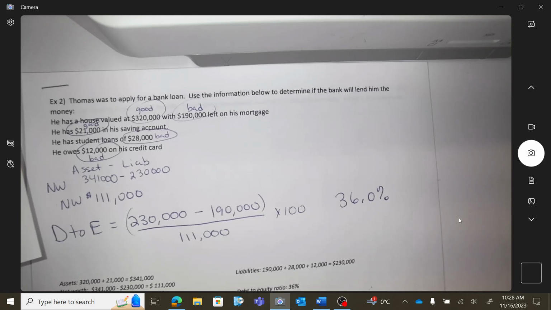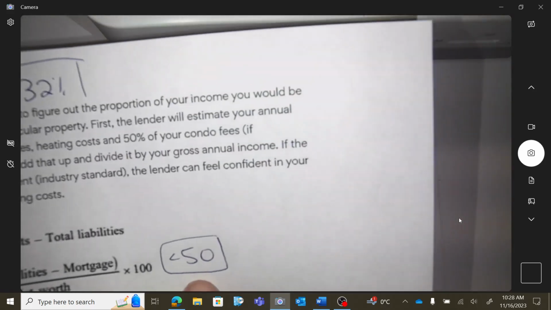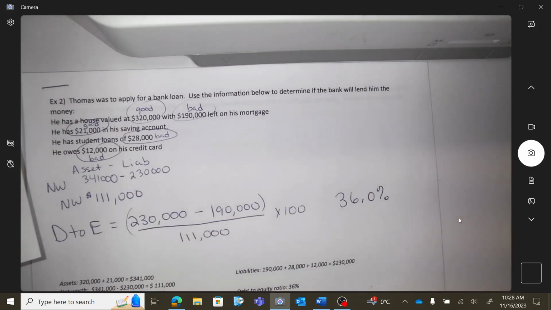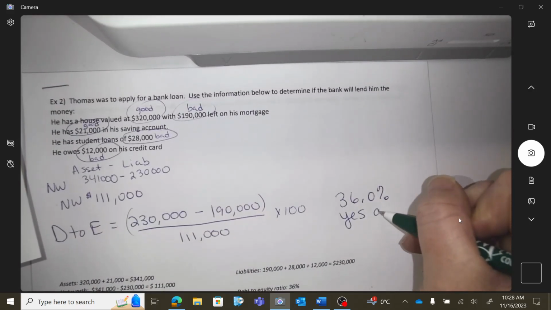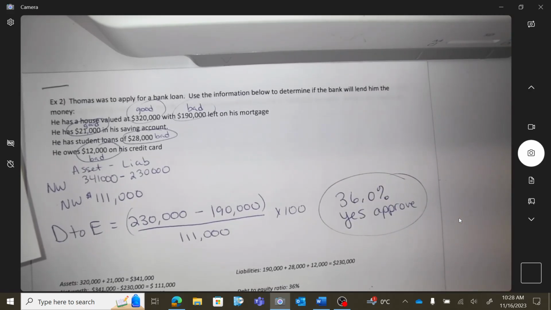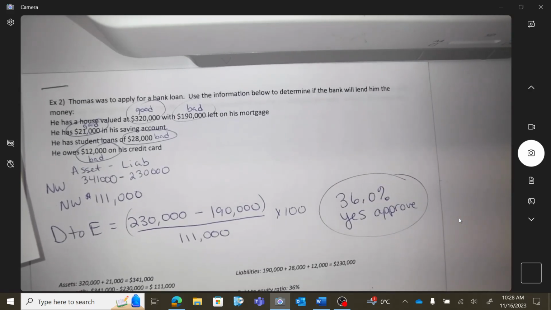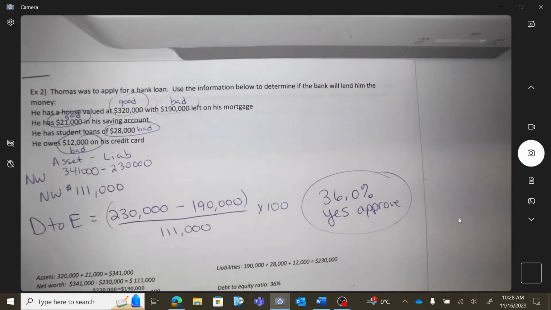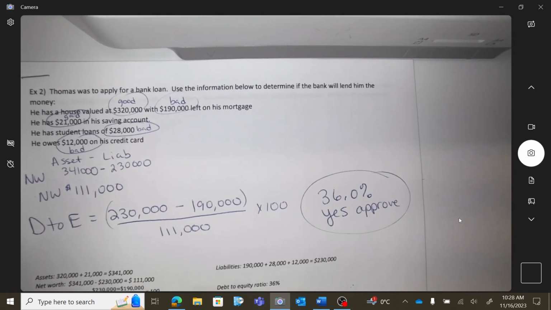So comparing your debt to your equity, would they approve you a loan? What are we looking for as a magic number on this one? 50% ratio. So I would approve this person. That's pretty low, right? Anything below 50, but high 40s, you can still deny them if you want.